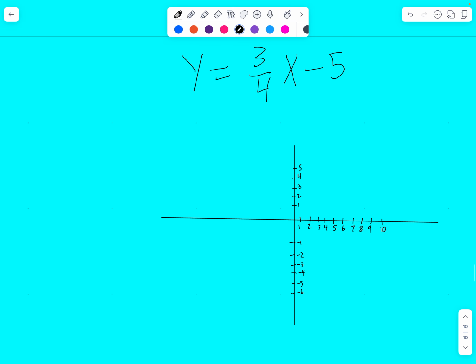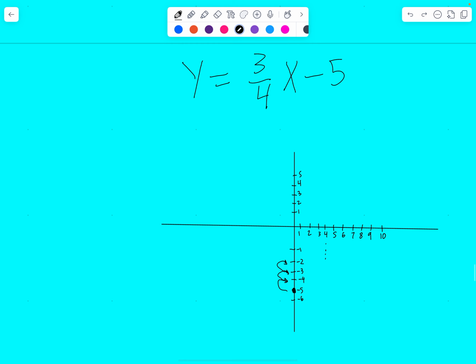Now we have y equals 3/4 x minus 5. I'm going to plot my y-intercept first, which is -5. I'm going to go up by 3, 1, 2, 3, and I'm going to the right by 4, 1, 2, 3, 4. And then I'm going to plot it right there. 1, 2, 3. There we go. Right there.